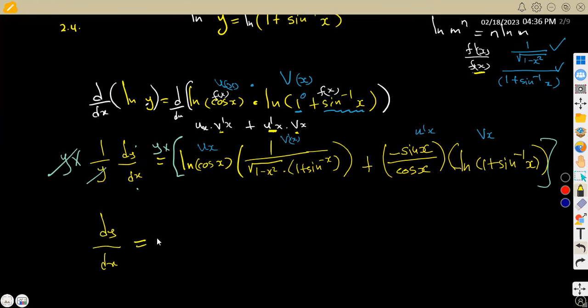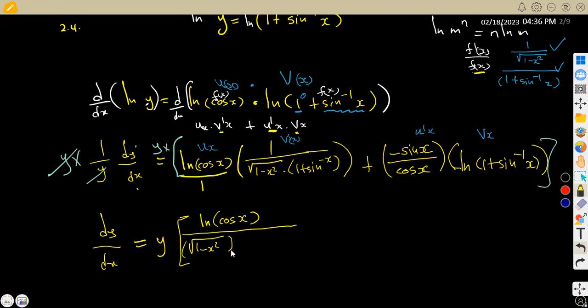Take note, we've got a y that we have now. Then the ln of cos is like over 1, so this can be written like over 1. If you multiply the numerator, that's times 1 here, you're going to obtain ln cos of x, everything over 1 times this part, which is going to remain as the square root of 1 minus x squared.